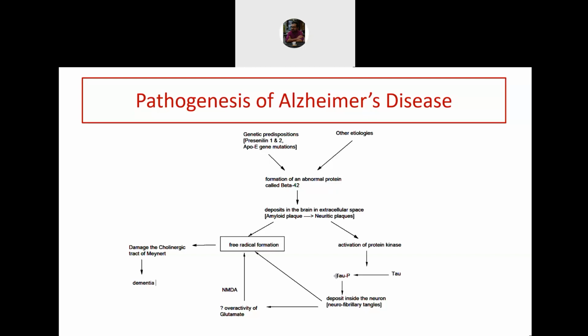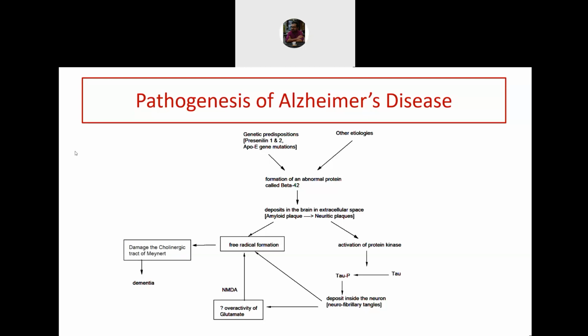The tau proteins form neurofibrillary tangles inside the neuron, which are smaller in size. Ultimately, all these processes cause free radical formation. There is also some overactivity of glutamate by some unknown mechanism, which accelerates the free radical formation. And they damage different neurons, including the cholinergic tract of Meynert, which causes dementia.